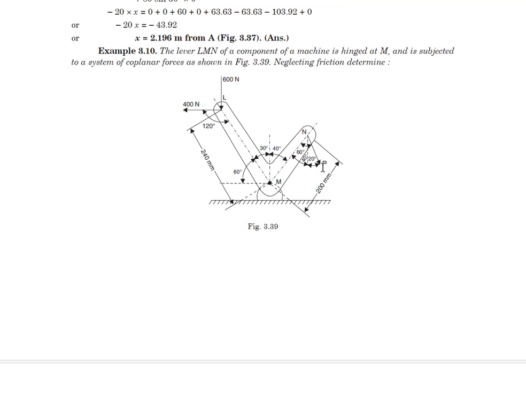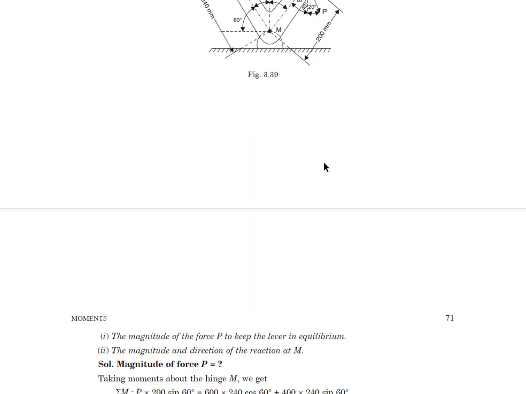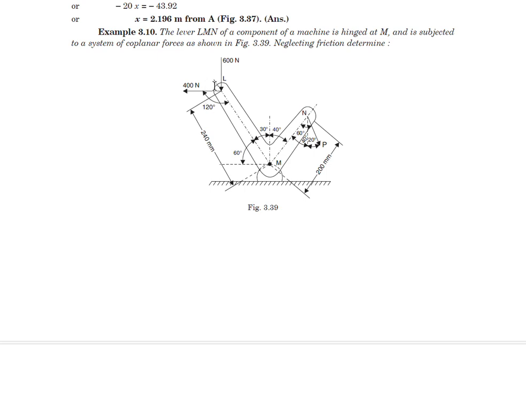Neglecting friction, determine the force P, which is given over here. All the numerical values of the forces are given, but for P it is not given. Next thing we have to find is the magnitude and direction of the reaction at point M, because these forces are acting on this point L and point N, and there must be some reaction at point M too, because the system is in equilibrium.